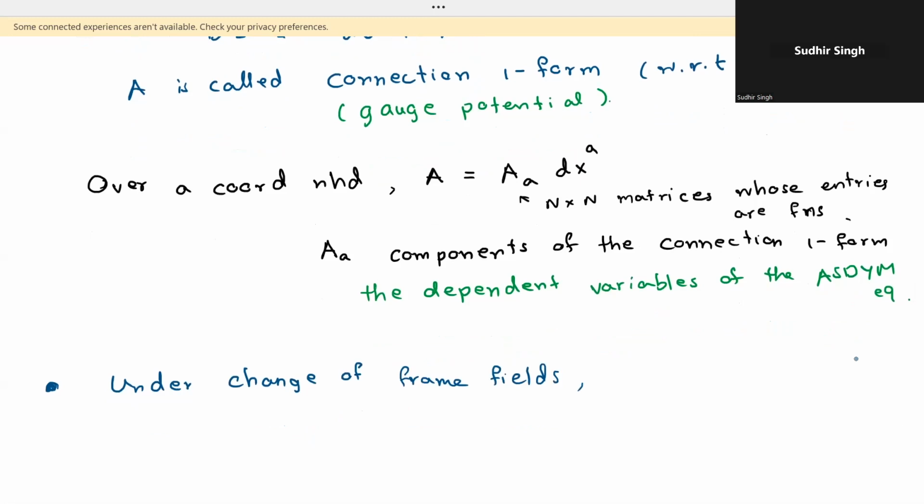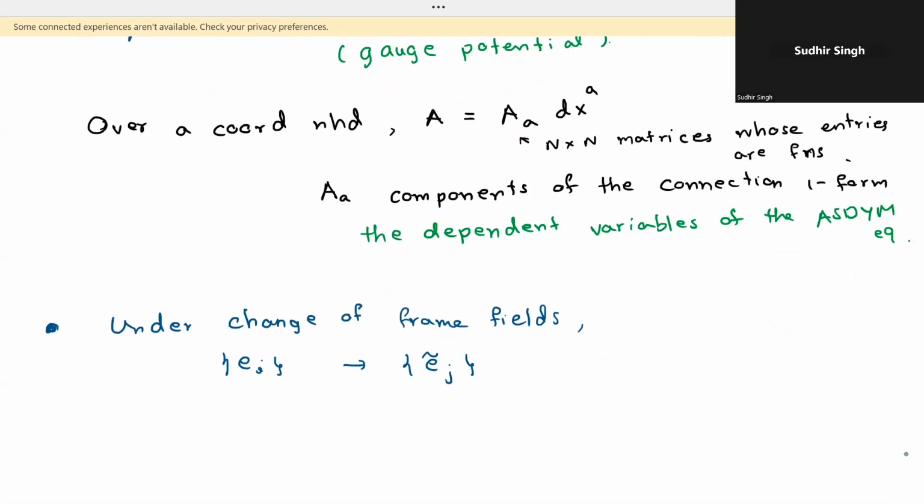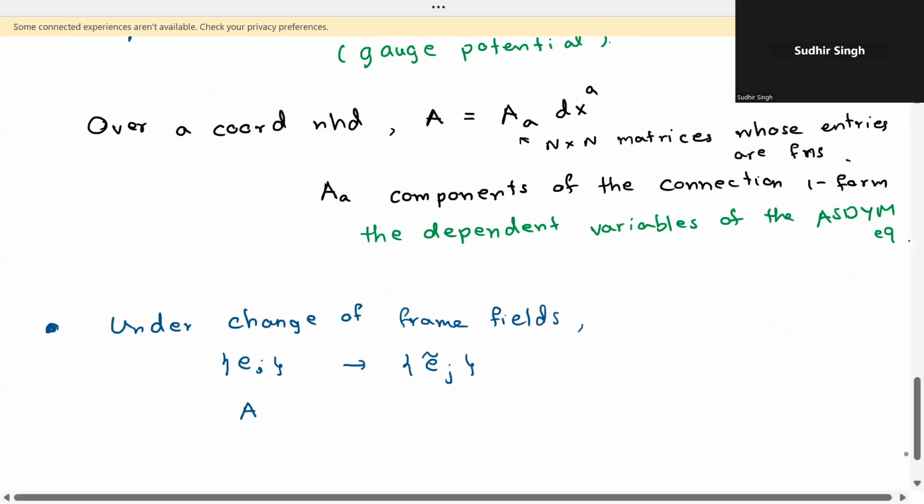So suppose we go from this E_i to the set E tilde. Then suppose over here the connection one form is A, and over here A tilde.